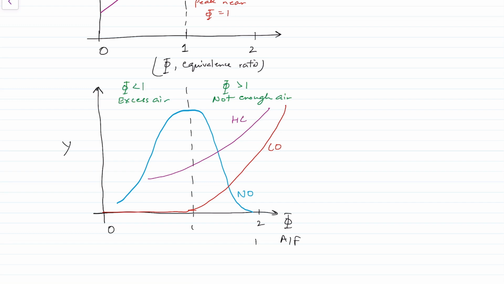At the equivalence ratio of 1, it's 14.5 at the stoichiometric conditions, and these are just qualitative numbers more than anything else. A high phi value means it's fuel rich, and if it's fuel rich, then A2F is lower.